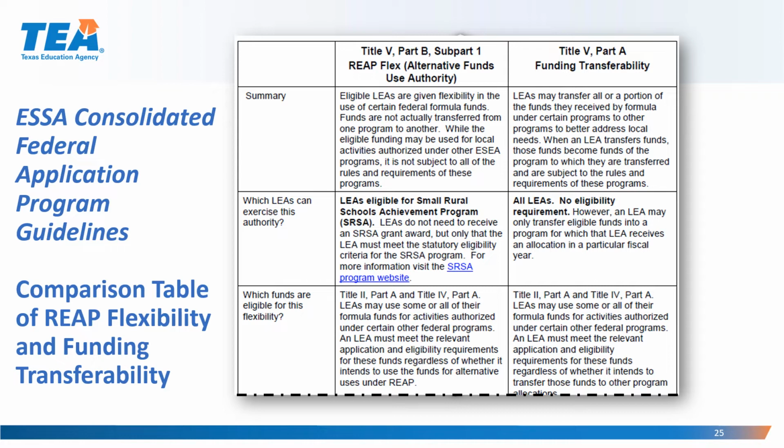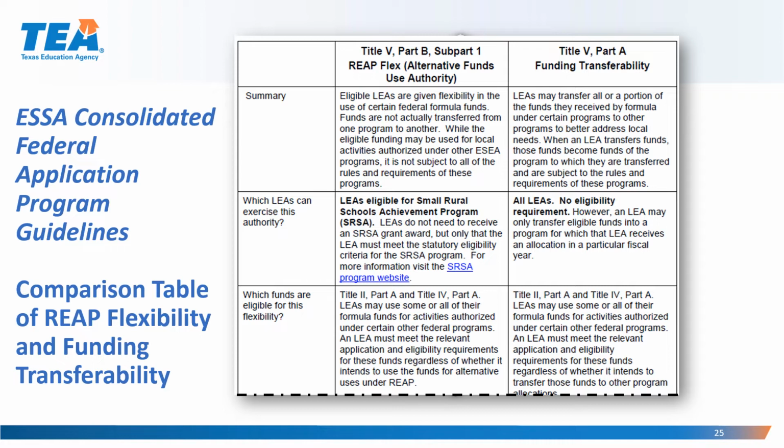Included in this table, it also tells you which LEAs can exercise this authority. We know that all LEAs are eligible for Title V Part A funding transferability, but only SRSA districts are eligible for the Title V Part B Subpart 1 Reflex.